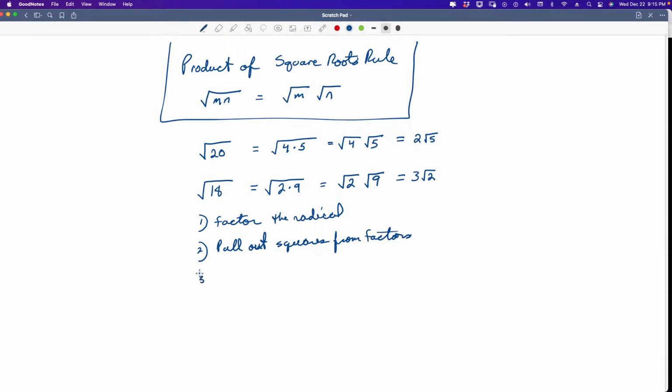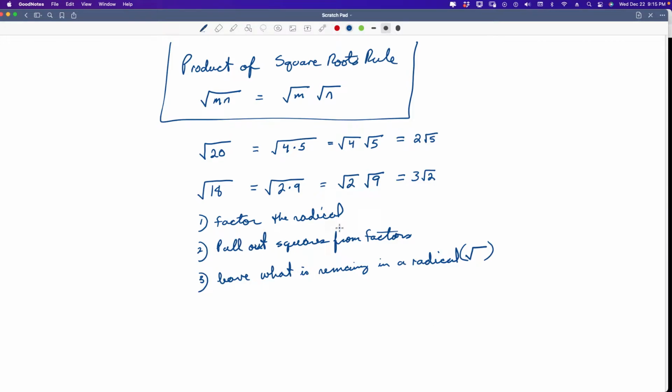And then we leave whatever's left, or remaining, in the radical. And just for clarification, this sign is a radical. It's the square root symbol. That's what we call the radical.